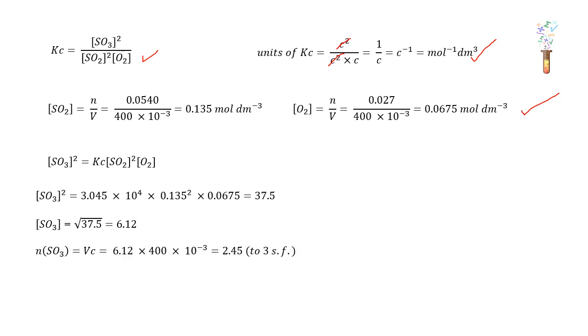To work out moles, we have to do volume times concentration. So we're sort of doing the reverse of this step up here, and we get 2.45, and it wanted it to the appropriate number of significant figures, which in this case was 3. So there's a mark there. Remember, there was a mark for our rearrangement here. If you correctly work out your concentration, then obviously you're going to get another mark here.